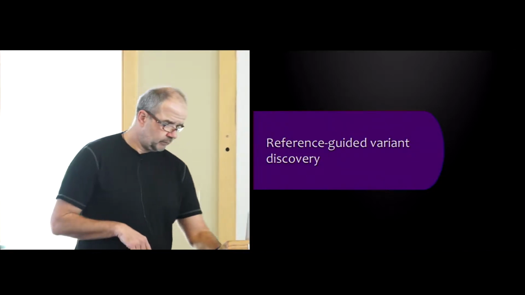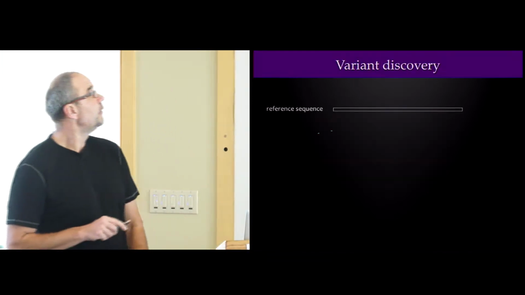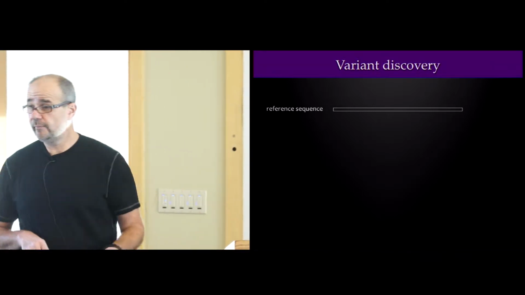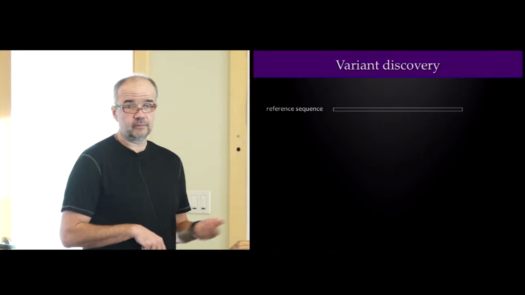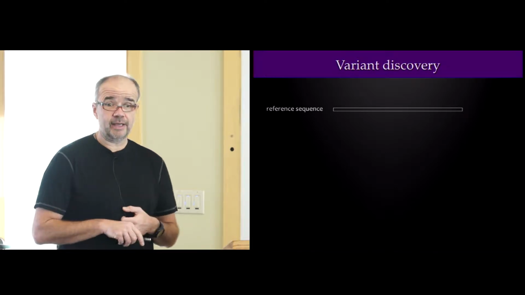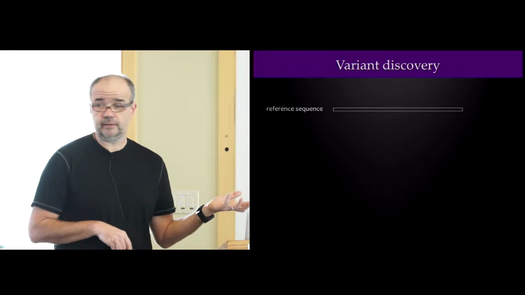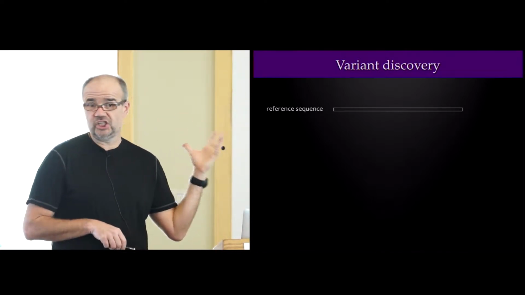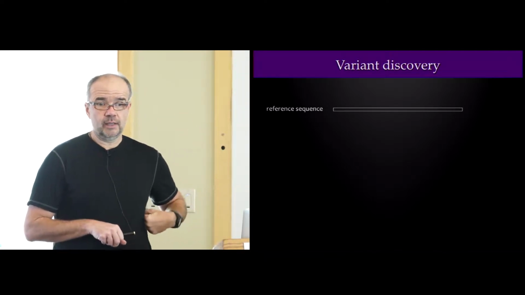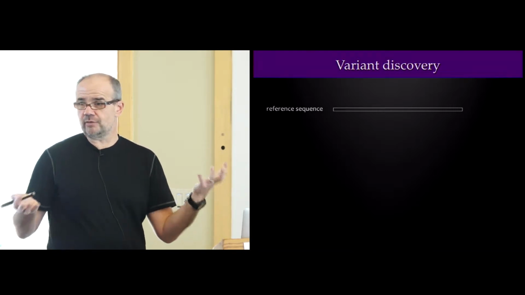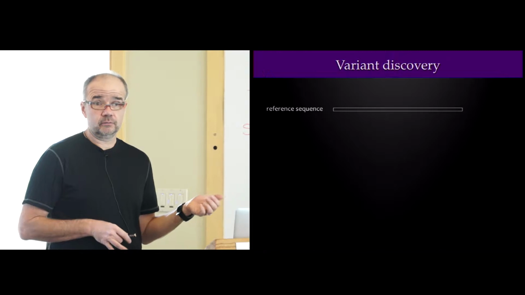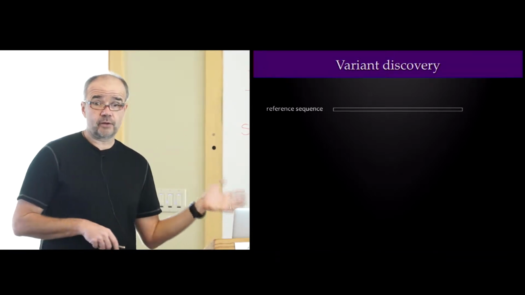So the idea here is that for many organisms, and in particular the human organism, we now have what's called a reference genome sequence. And this reference genome sequence is not necessarily the genome of an individual, but it's a sequence that somehow represents a particular organism, for better or worse.